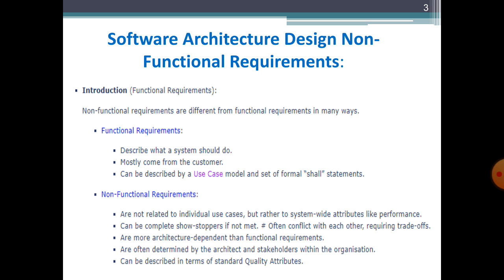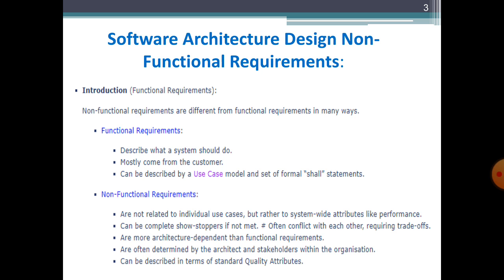We can say that non-functional requirements are not related to a particular use case, because they depict the overall system attributes like reliability, availability, performance, etc. As we saw in the previous lecture, there are trade-off pairs between different quality requirements, like scalability and performance.